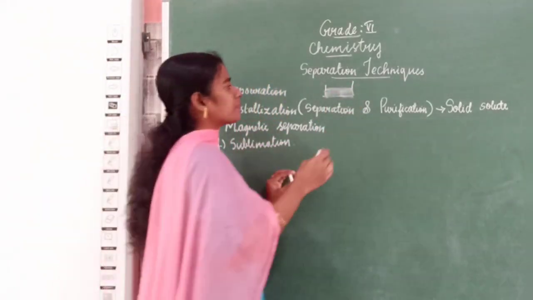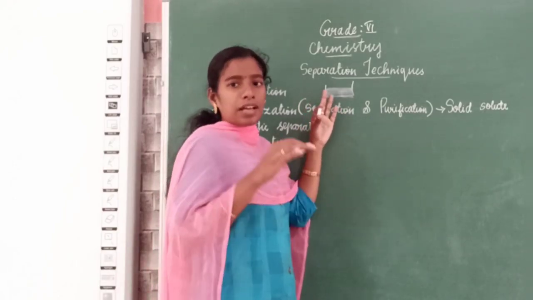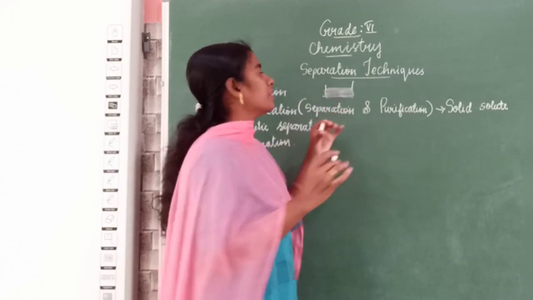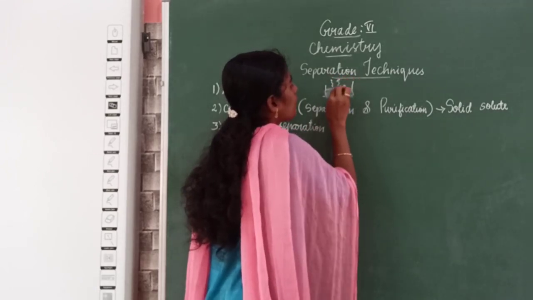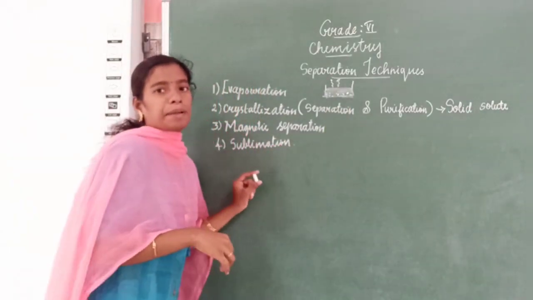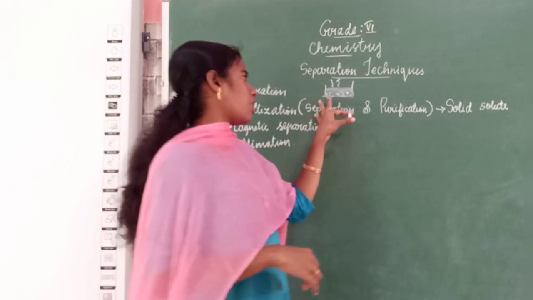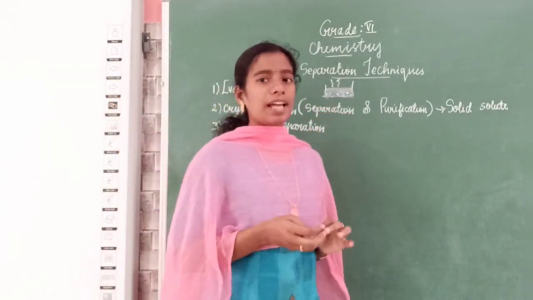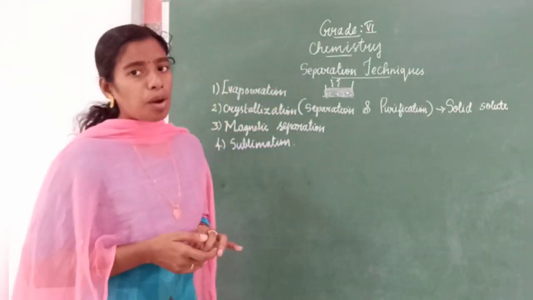When this water is allowed to stay some days in heavy sun, the liquid will evaporate and the salt will be collected back. When all the liquid evaporates, the salt is collected in the dish in which we took the sea water. This is an example of evaporation.